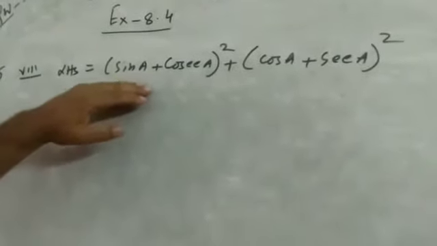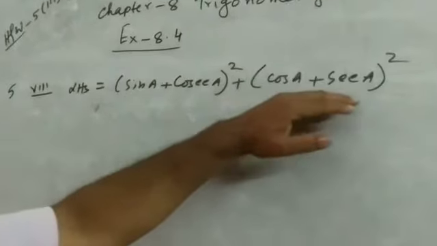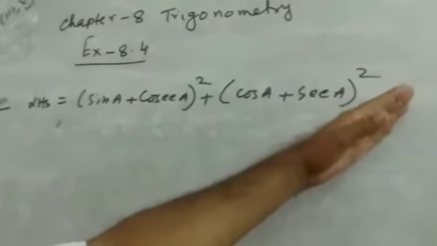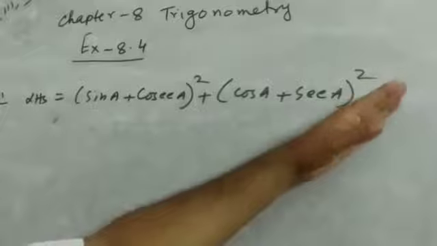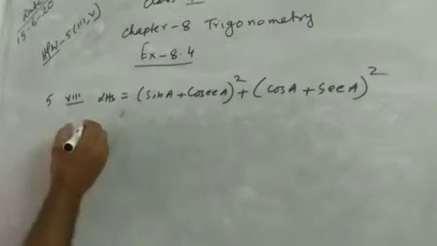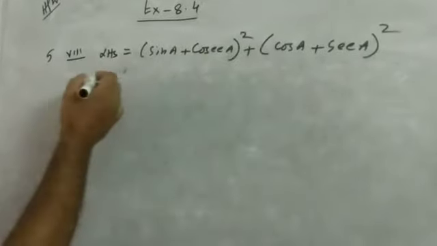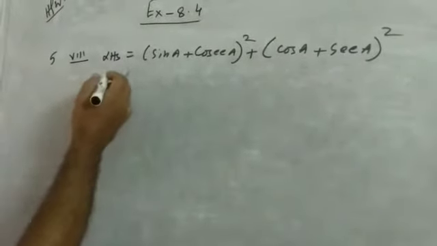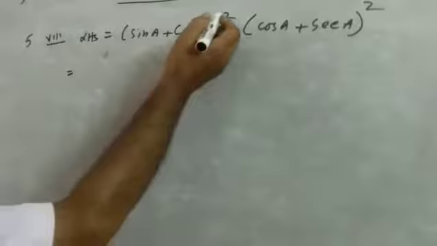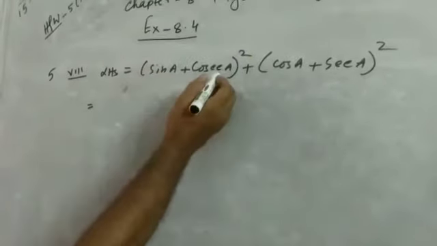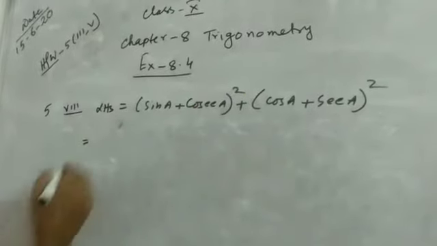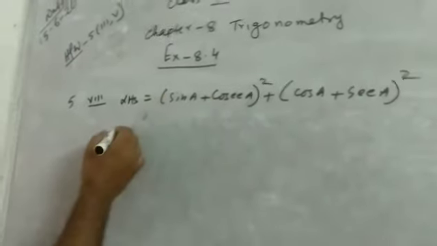On the left hand side we have the terms sin, cos and sec, and on the right hand side we have to prove it in terms of cot and tan. So now you see, how do we prove left hand side to right hand side? Here we will expand (sin A plus cos A) whole square by the formula (A plus B) whole square.